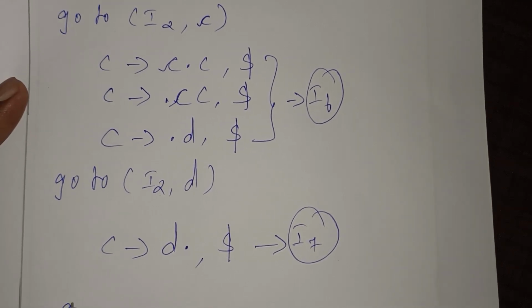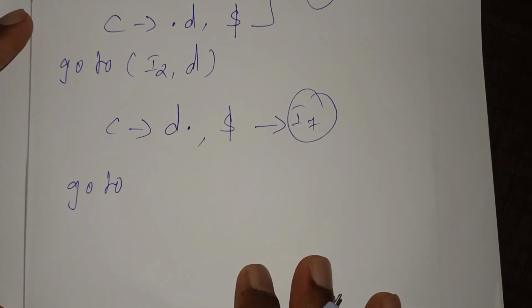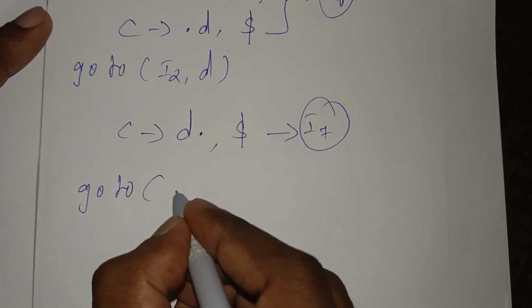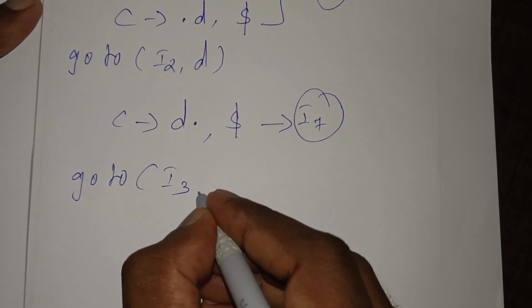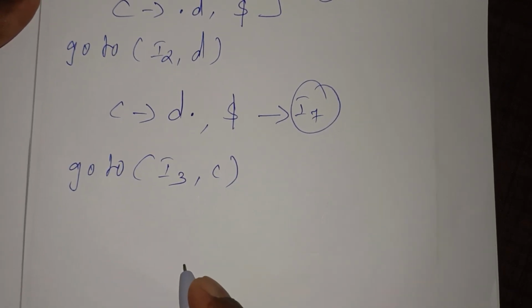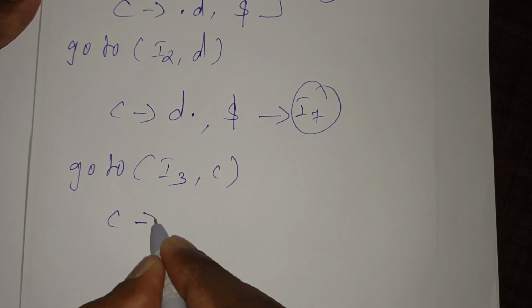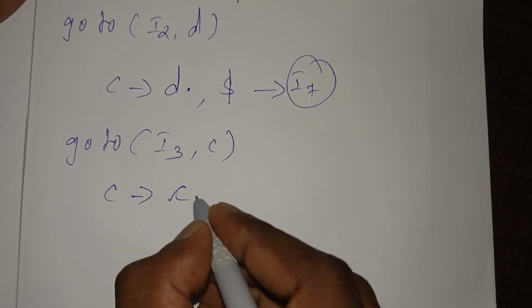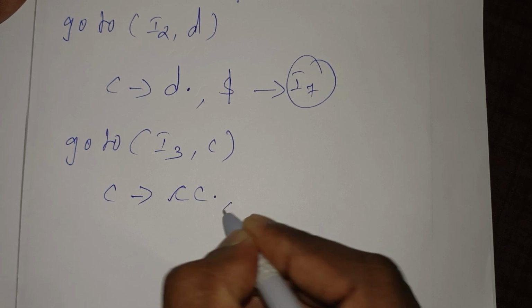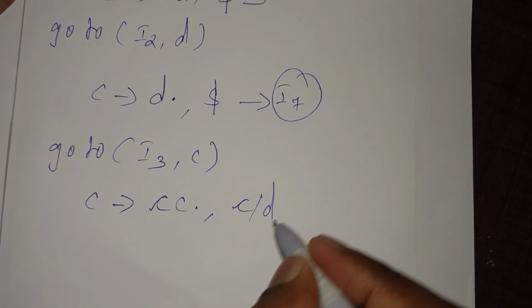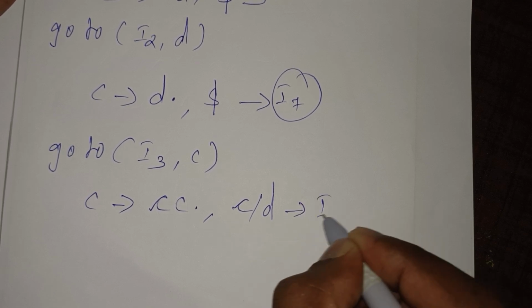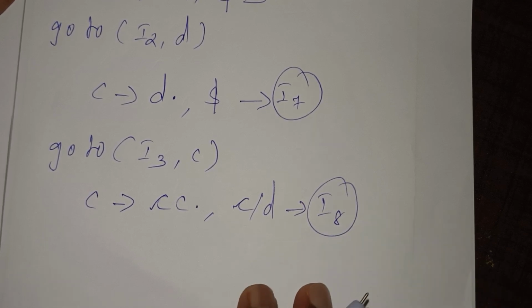Now I'm going to go to iteration number 3. Iteration 2 is completed, so I'm moving to Goto(I3, C). So here C tends to c C dot, comma, c slash d. This is an end state and it is also a new state, so I'm mentioning it as iteration number 8.